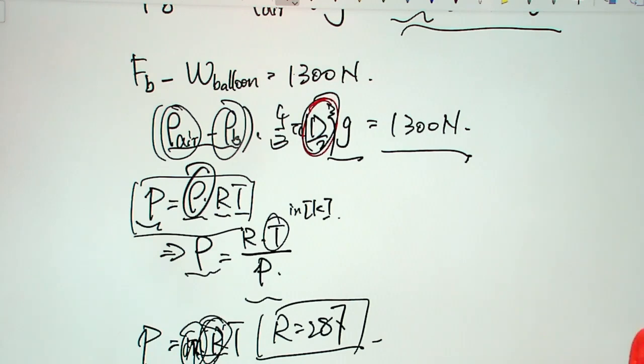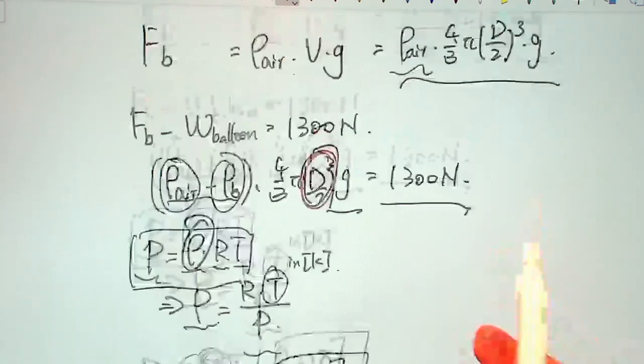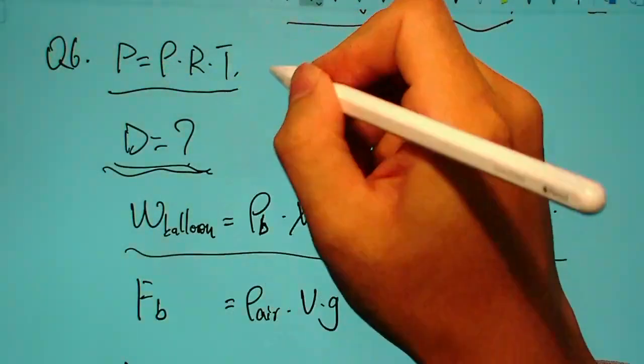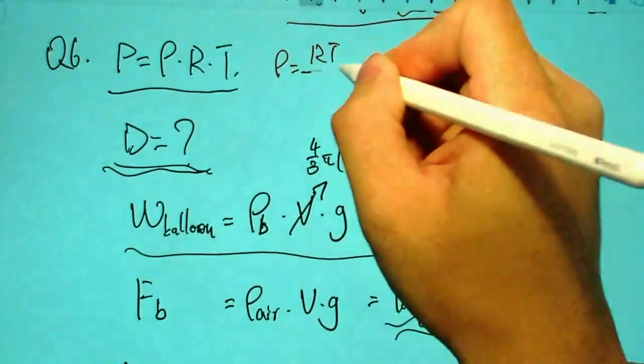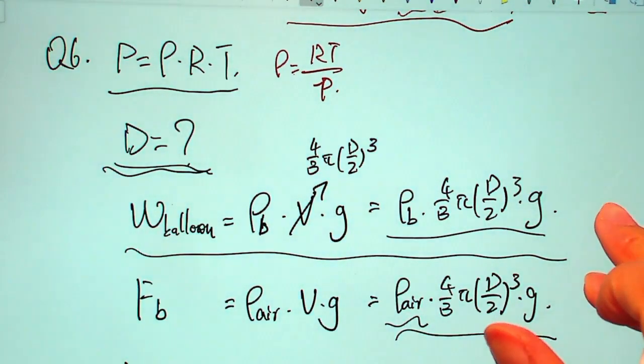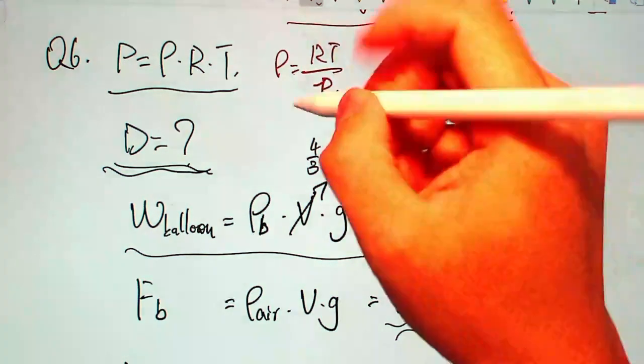Yes, please. P equals rho RT, so you have rho equals RT divided by P. Oh, sorry, here.